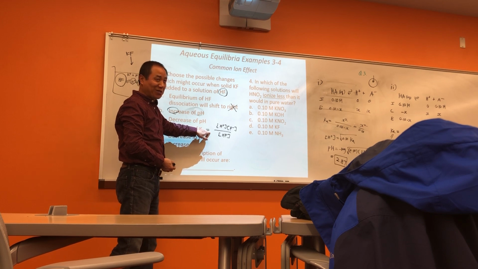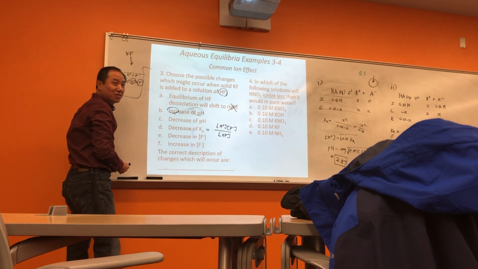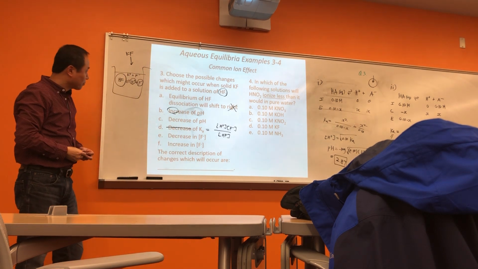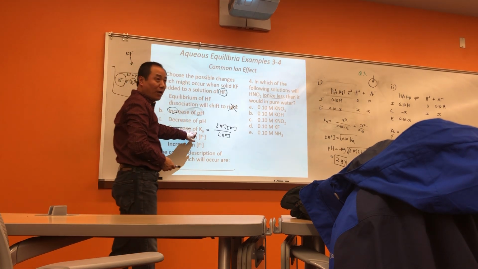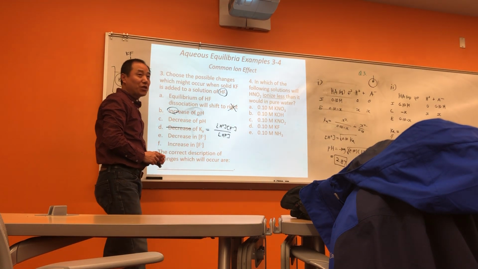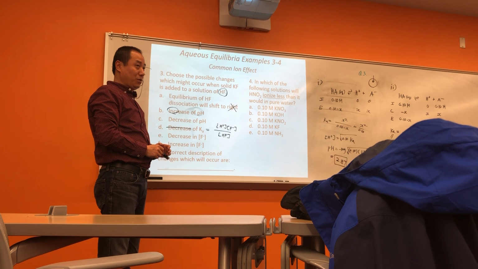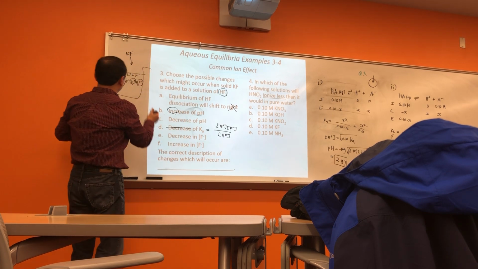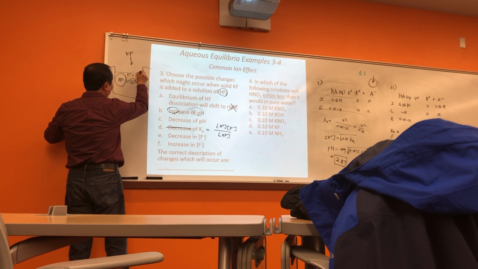That was actually a trick question. K doesn't change. No change there. Why? Ka is an equilibrium constant. An equilibrium constant doesn't change when you change the concentration. So how does that make sense? Well, we said adding more of this guy shifts it this way.